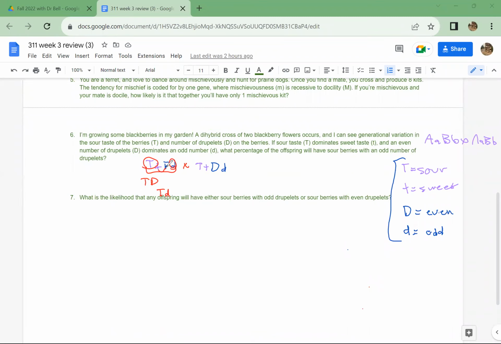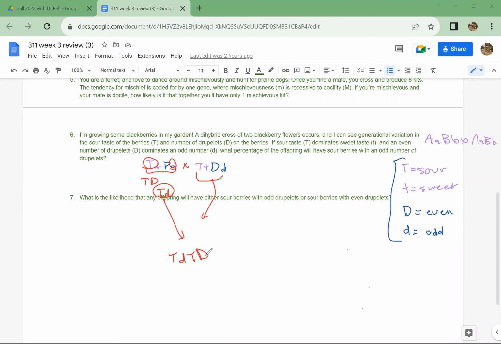And you can FOIL out the rest of the possible gametes that result from that organism. It'll create different gametes that it will pass on, which will combine with a gamete from this parent and create our zygote that has some genotype.